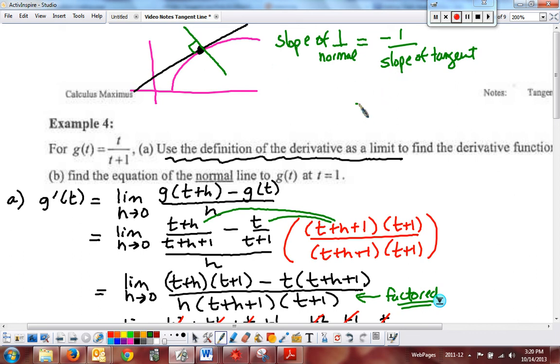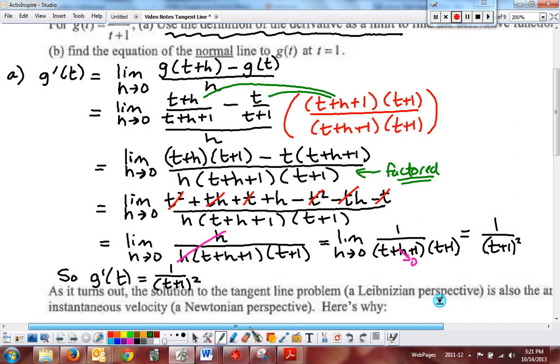So when I talk about the slope of the normal line, I'm simply going to do negative 1 over, if I'm doing f of x, then it would be f prime of x, but in this problem, it would be negative 1 over g prime, and I'm doing it at t equal to 1, so we would do g prime of 1. So I find the slope on g, the slope of the tangent line at 1, and then I do the opposite reciprocal of it, and that will give me the slope of the normal line at t equal to 1.